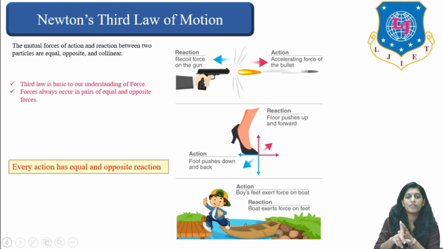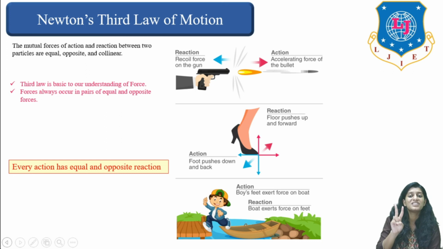According to Newton's first law of motion, any object which is either at rest or in motion in a straight line will remain in its state unless and until there are any unbalanced forces, or any external forces acting on that particular object. So this is Newton's first law of motion.